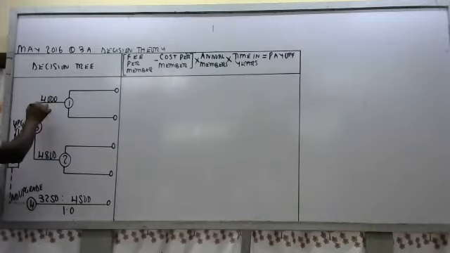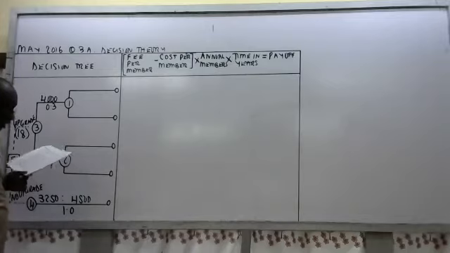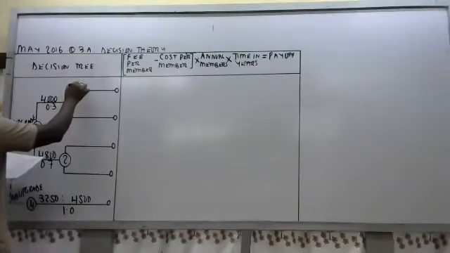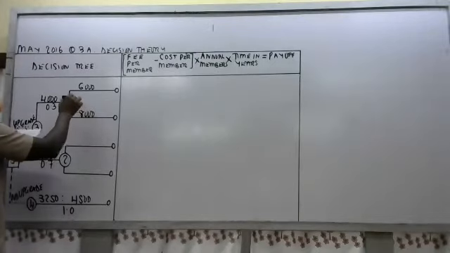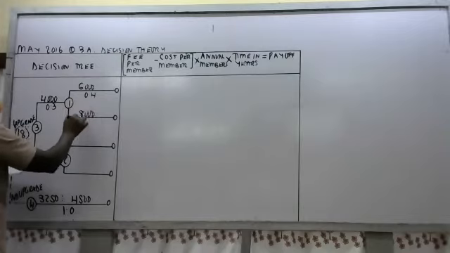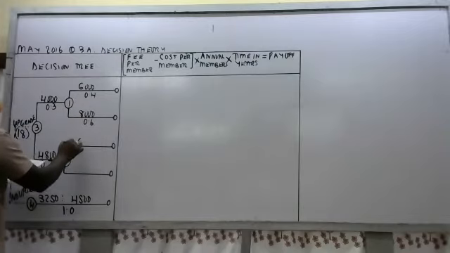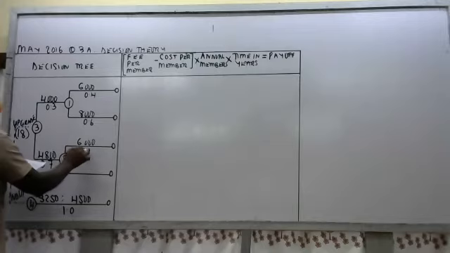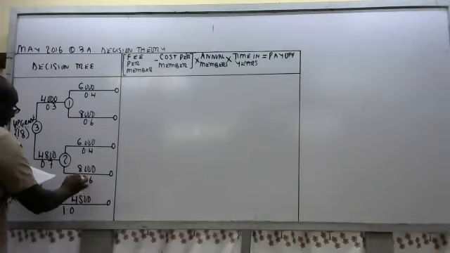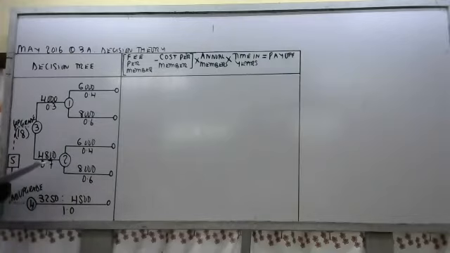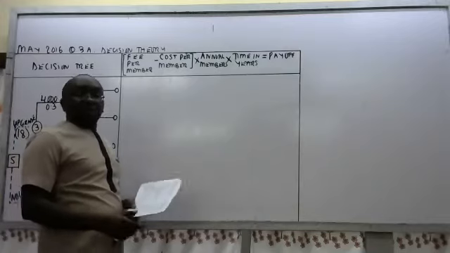And the probabilities are 0.3 and 0.7. Then the costs will be 6,000 and 8,000, with 0.4 and 0.6.